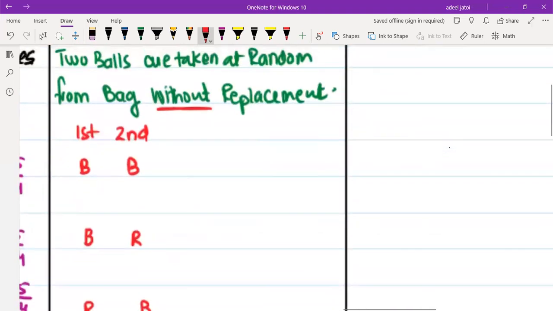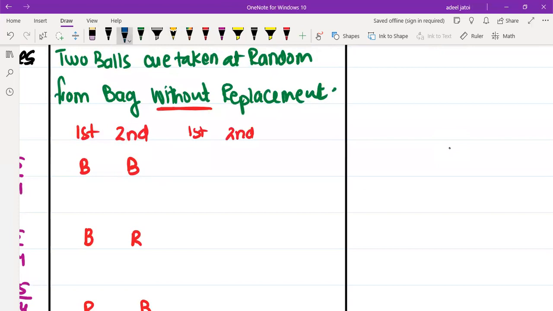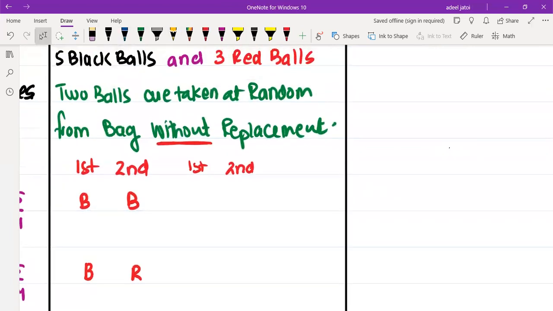So, probability of having first and second. If I say that the first ball is black, how many black balls do we have? We have 5 black balls out of 8. Multiply by, because there is a confirmation. Now, when I pick my second ball as black, I know the first black ball has been kept outside the bag.